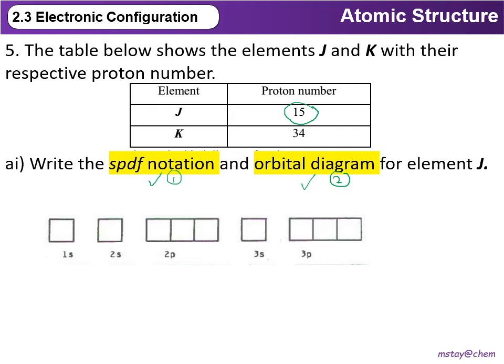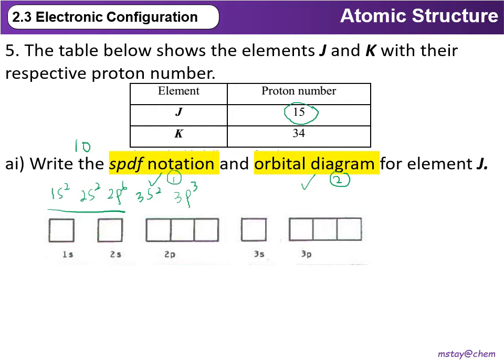If we write the SPDF notation: 1s2, 2s2, 2p6, 3s2, and 3p3. Always remember 1s2 until 2p6 consists of 10 electrons, and then 3s2 until 4s2 basically we have another 10 electrons.